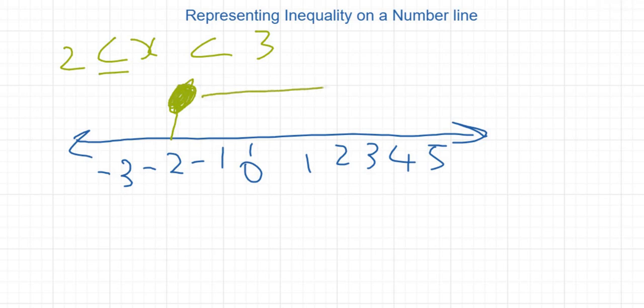And then we go to 3, but we will not close it at 3 because it does not say it is equal or less than 3. So it will actually be this. So you can choose any one of these numbers in that interval, and it will make the inequality true.